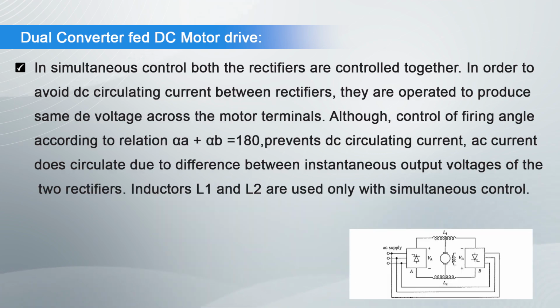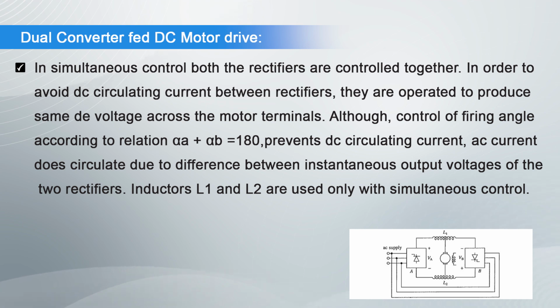In simultaneous control, both the rectifiers are controlled together in order to avoid DC circulating current between rectifiers. They are operated to produce the same DC voltage across the motor terminals.